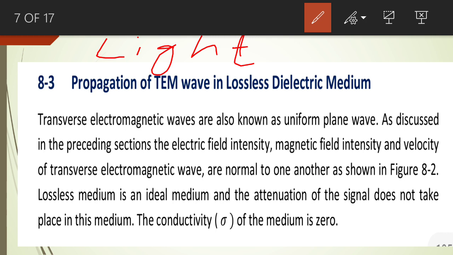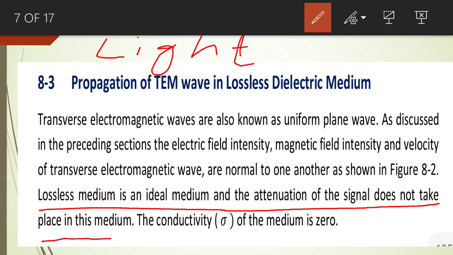What is a lossless dielectric medium? A lossless dielectric medium is an ideal medium, and the attenuation of the wave does not take place in this particular medium. The conductivity of this medium is always equal to 0. So lossless medium is an ideal medium.